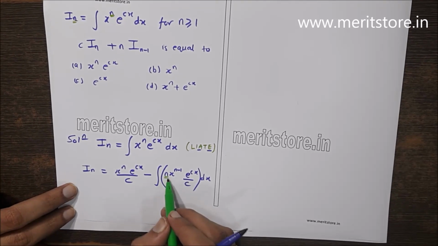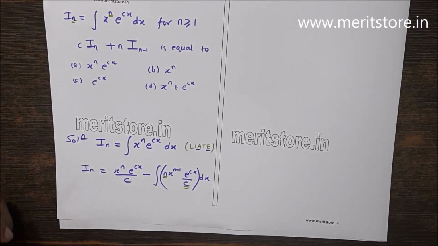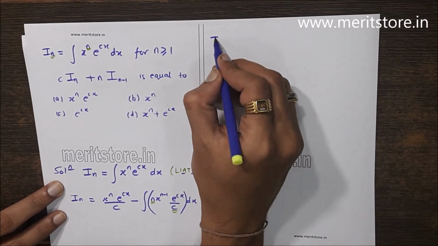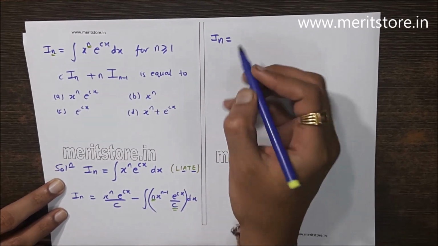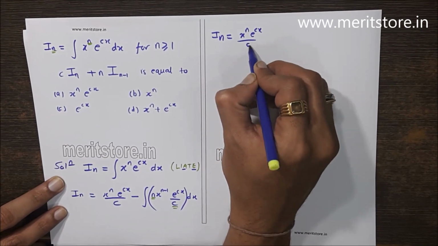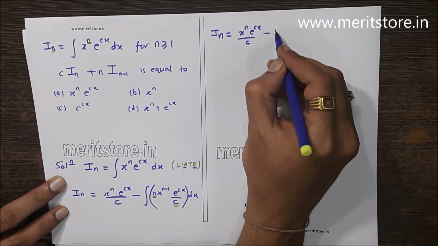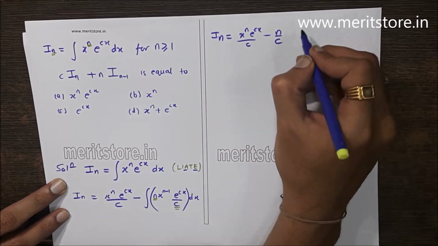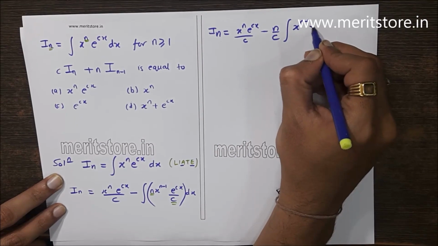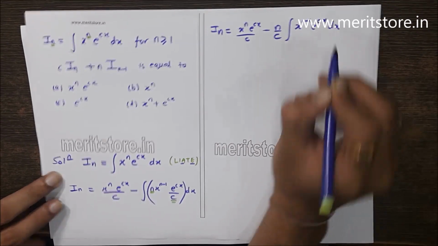Taking the n and the c outside the integral, I'll get my In as x raised to n e raised to cx upon c minus n upon c times the integral of x raised to n minus 1 e raised to cx dx.